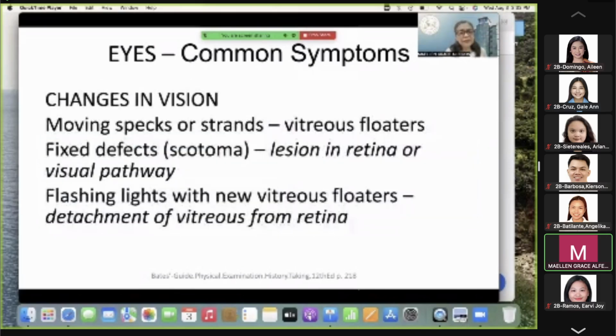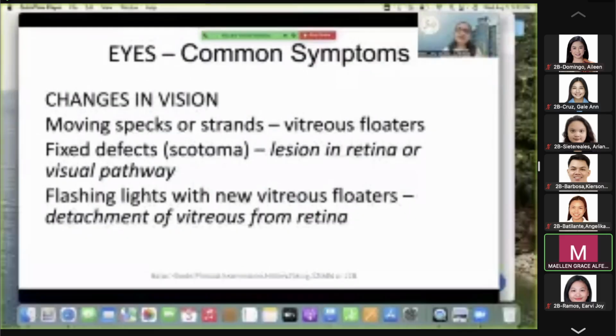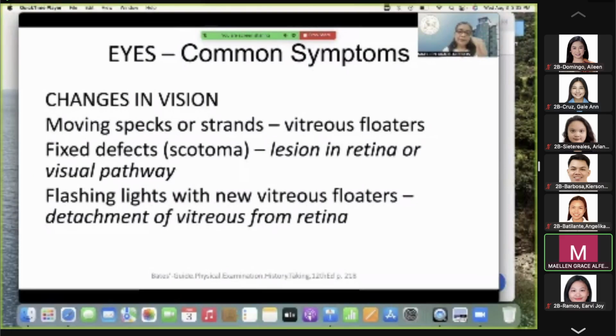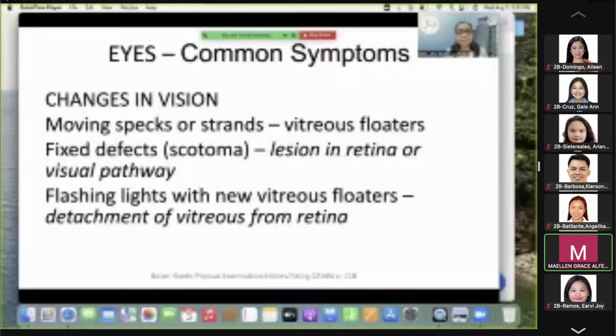Now, if you see moving specks or strands, most of the time it is due to a vitreous floater. However, if the defect is fixed, I call it scotoma, the lesion is usually in the retina or at the visual pathway. Now, the last one is you need to act urgently.